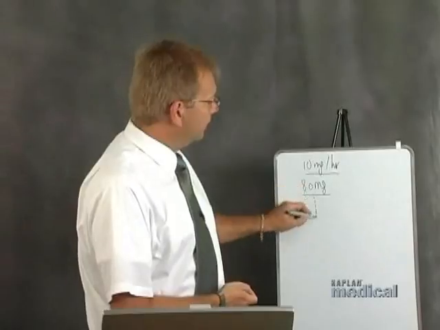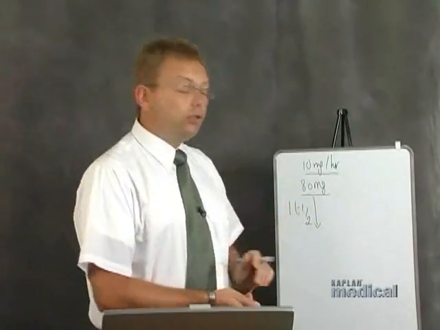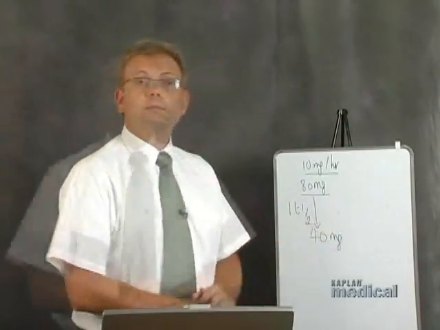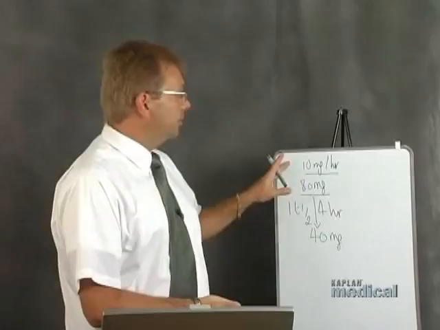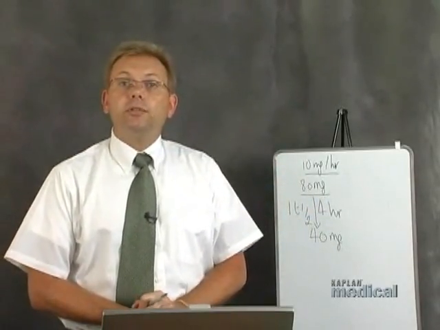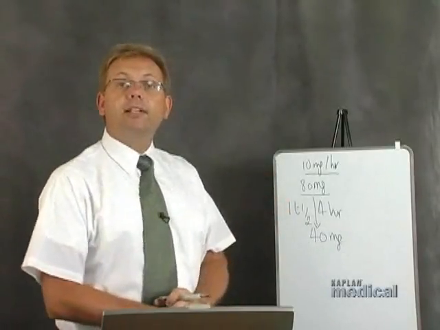So one half-life later, one T1/2 later, there should be only 40 milligrams remaining in that body. At the rate of 10 milligrams per hour, it would take me 4 hours for elimination of 50% of 80 milligrams. Is that half-life constant?